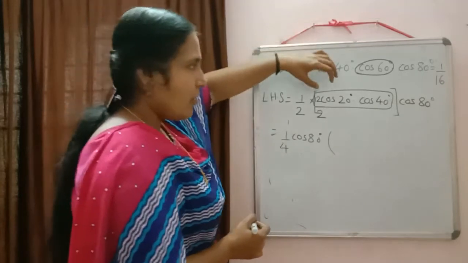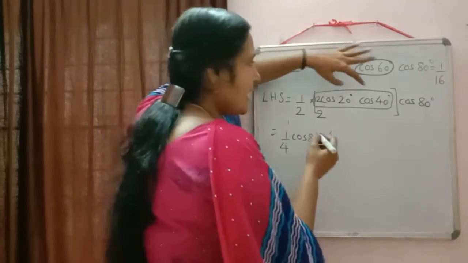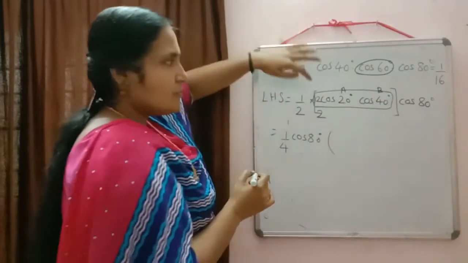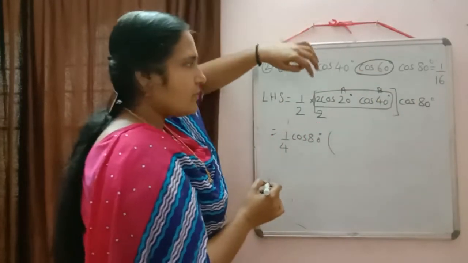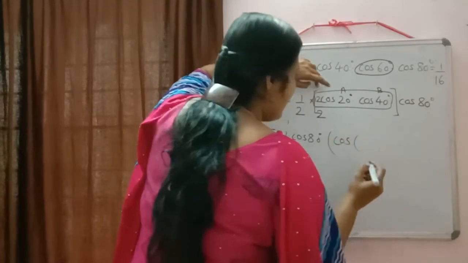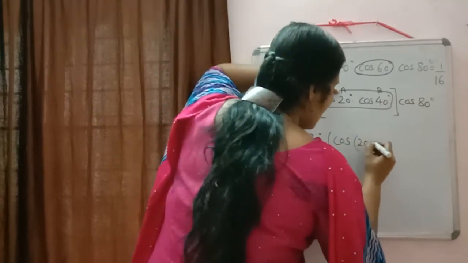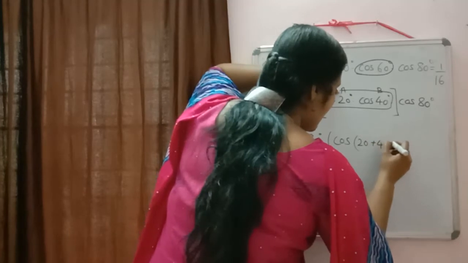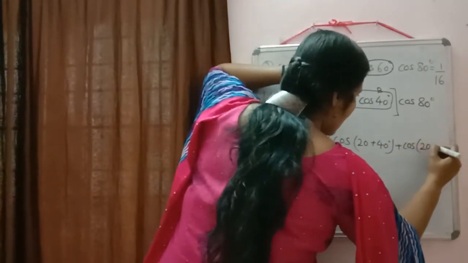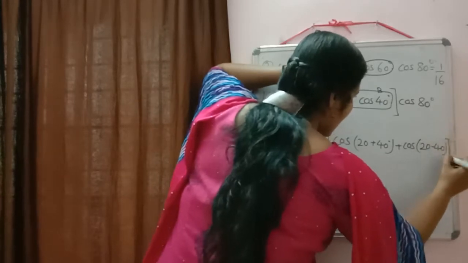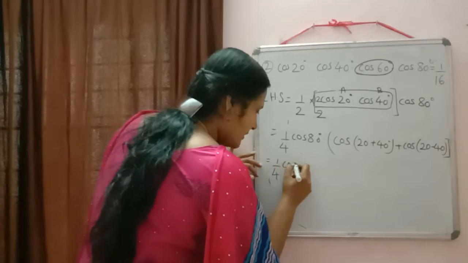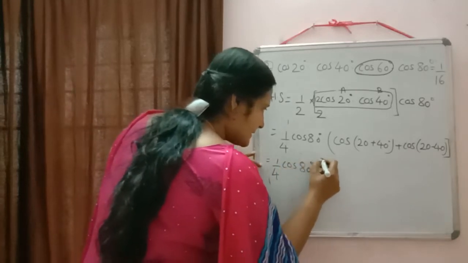It is in the form 2 cos A cos B. This is A and this one is B. According to the formula, what will come? Yes, cos (A plus B) plus cos (A minus B): cos (20 plus 40) degree plus cos (20 minus 40) degree. 1 by 4 cos 80 degree we write as it is.